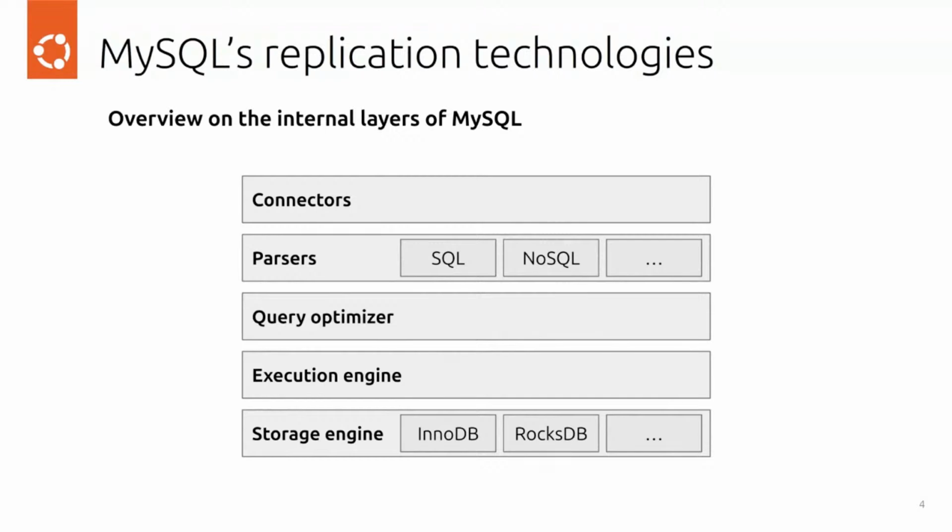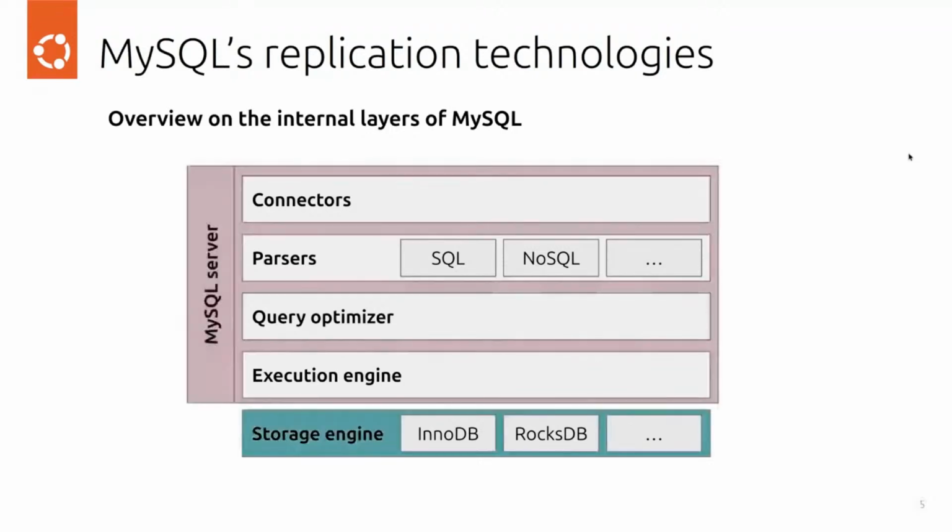There are others, of course, but we are going to focus on InnoDB today. How this is related to replication, we'll go into the details of that, but what we need to remember is that when we say MySQL Server, it is everything that comes before the storage engine layer. The storage engine is what communicates with the actual storage, as the name implies, but also with the memory structures. It has its own internal memory structures.